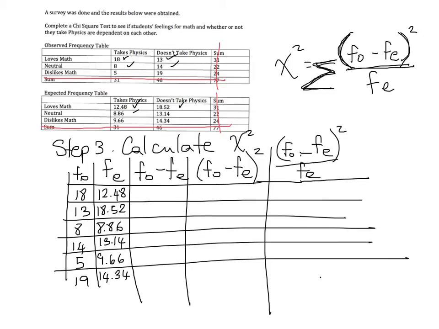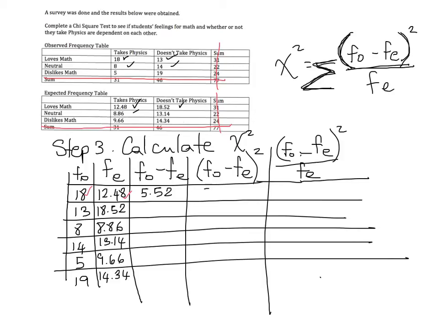So, FO minus FE, so the 18 minus the 12.48 should give us 5.52. We could go down the table and fill in the rest of that column, but I find it a lot easier, since that number is in your calculator already, to just square it.